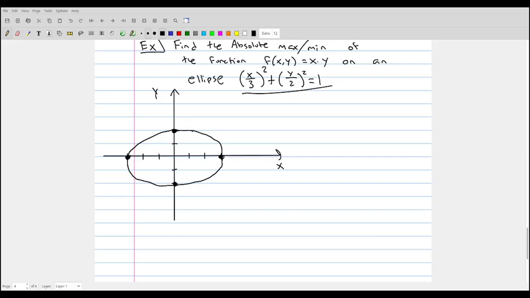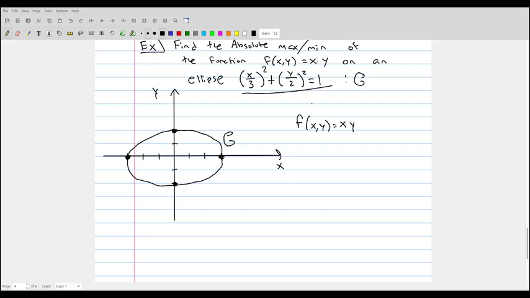So it looks like this. Sometimes we call this a curve C, just for short, to describe this curve. And then this function, the function f of xy equals x times y, I'll draw the level curves of that in red.